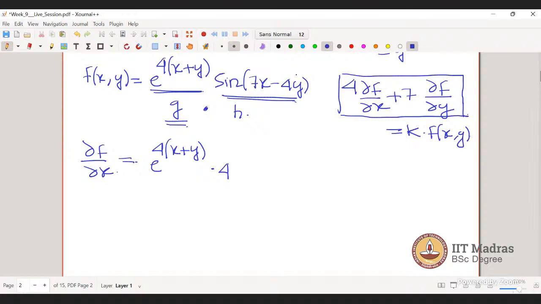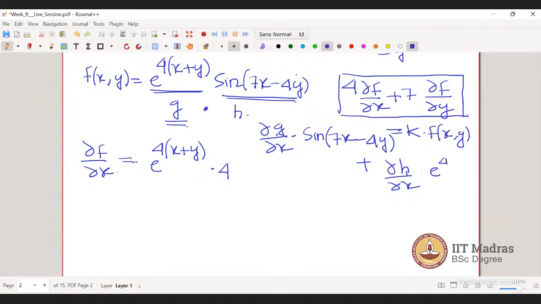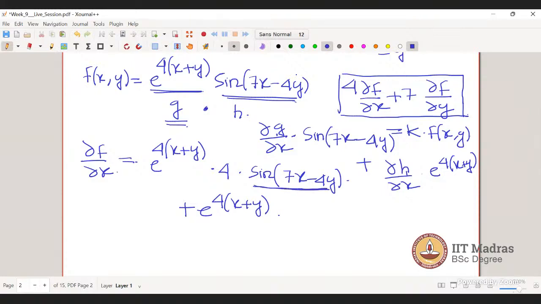Then, if I apply the product rule, what I'll get is e^(4x+y) times sin(7x minus 4y), plus again e^(4x+y) times the derivative of sin(7x minus 4y) with respect to x.